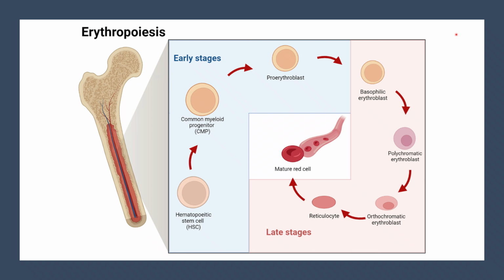This is the pathway of how red blood cells are formed. The primary function, we always know, is that red blood cells transport oxygen to the cells. Aspiration of the bone marrow may be necessary to provide additional information about blood formation.